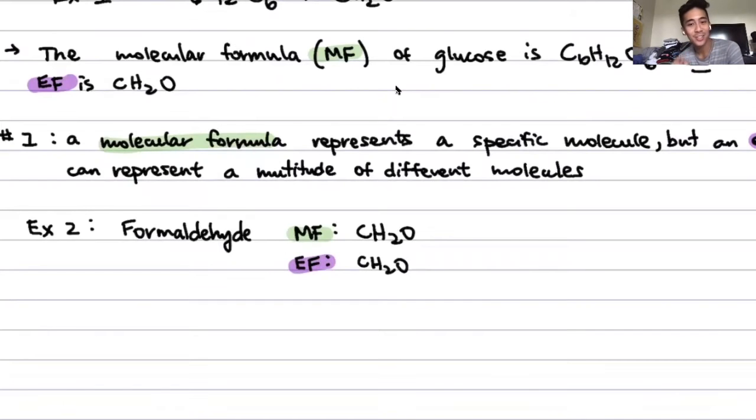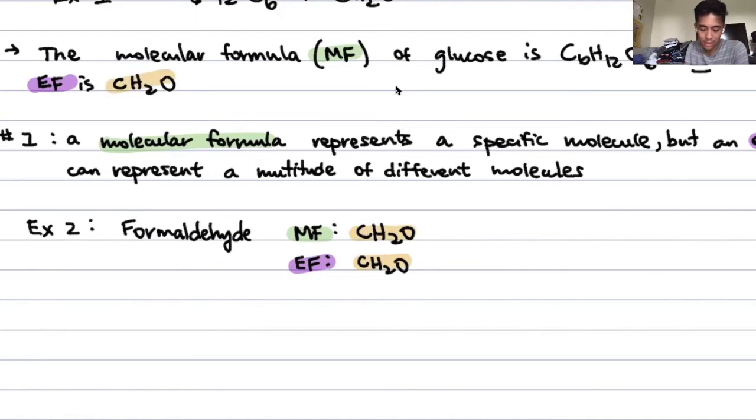This goes into the idea that one molecular formula is specific to a molecule, but an empirical formula can represent a multitude of different molecules. Notice how formaldehyde is represented by CH2O, which is its molecular formula, but its empirical formula is the same, CH2O.